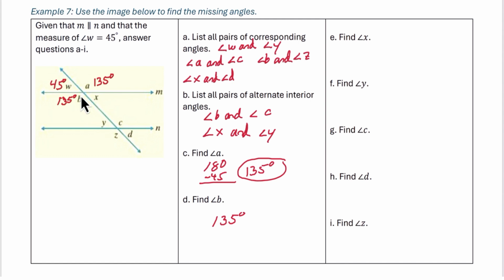We could use the fact that we have a straight angle, or we can just use the fact that it's opposite W, which is 45 degrees. So X must also be 45 degrees because it's opposite W. Y, we can find using the fact that it's alternate interior. Alternate interior angles have the same measure, so 45 degrees.